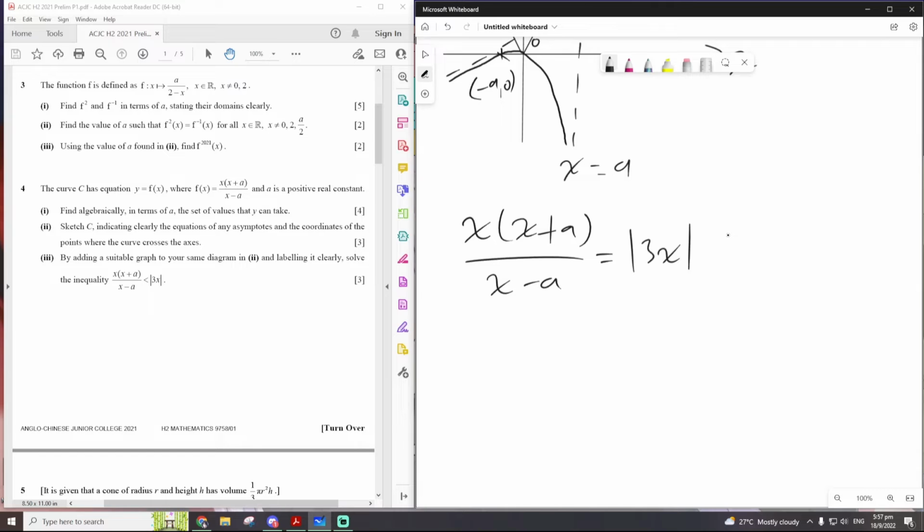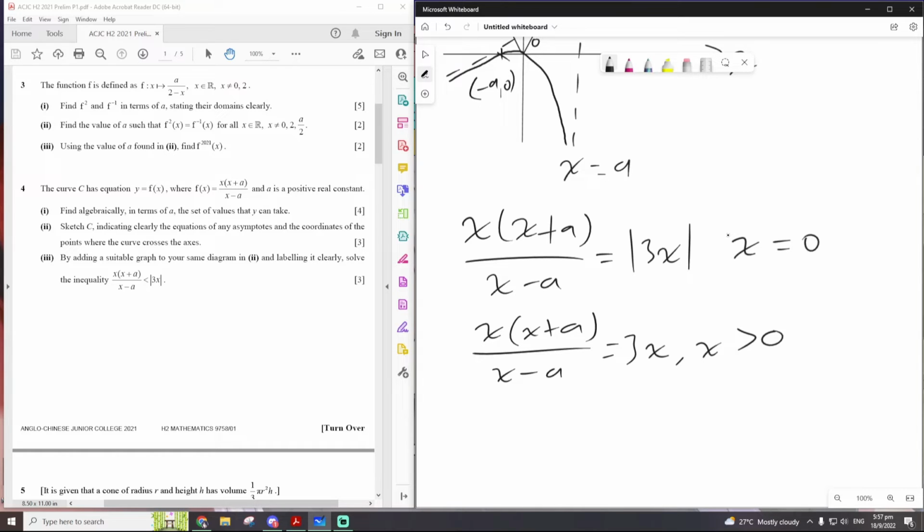Now, actually you will see immediately that x equals 0 is a solution, right? So what if we solve x times (x plus a) divided by (x minus a) equals 3x, where x is greater than 0.